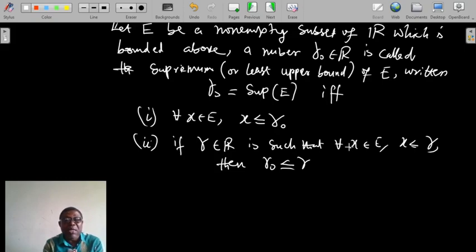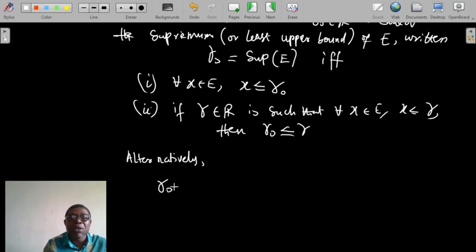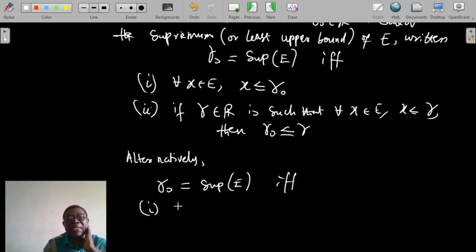As I put down all these things, try to compare with what we saw when we looked at the characterization of infimum of a subset of R that is bounded below. This is one way of seeing gamma naught as the supremum of E. Alternatively, gamma naught equals supremum of E if and only if I is always there, because I is telling us that gamma naught is an upper bound.